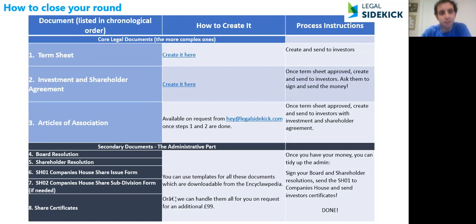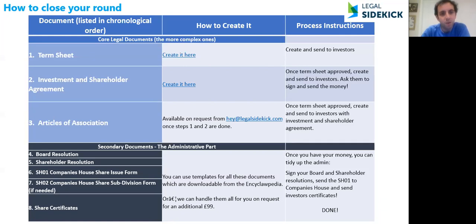Once that's agreed, then you move on to part 2, which is the big main document covering this investment. That's your investment and shareholder agreement. Again, that's another document that you can create on Legal Sidekick. I'll do a demonstration after: you answer some questions, which customizes the preset template, and then you download it.